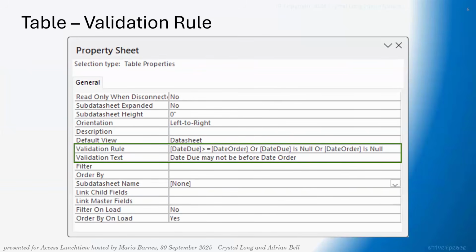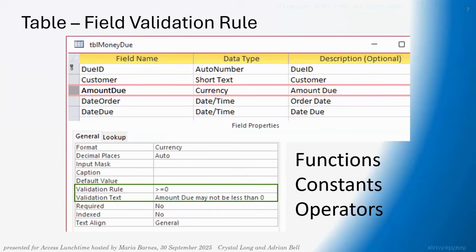You can use expressions when you validate information in a table. For instance, let's say that you have a table with orders, and you then have a due date. The due date has to be greater than or equal to the order date. That's the rule. It can't be due before it's ordered. And so we can have an expression in a validation rule, and then if the rule is violated, they'll see the validation text.